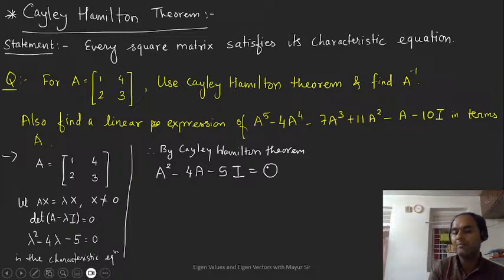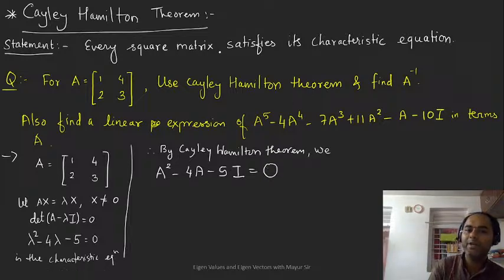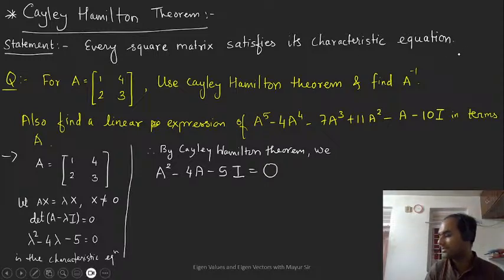So by Cayley Hamilton theorem we have this. This is what is meant by every square matrix satisfies its characteristic equation. That means wherever you see the characteristic equation, that lambda can be replaced by the matrix. If you write that, then you have this expression which is in terms of matrix. Now this is a very important thing. Why do you need this matrix?